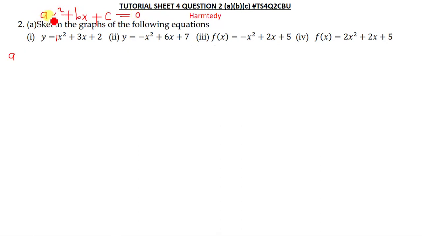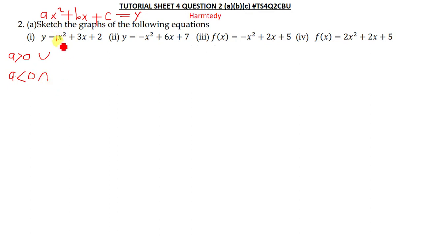In this case we're using y, so put y there. This coefficient is called a. If a is greater than 0, you conclude it has a minimum value, and if a is less than 0, you conclude it has a maximum value.